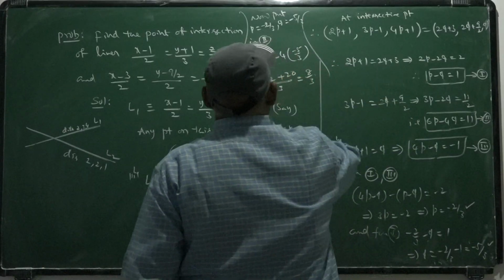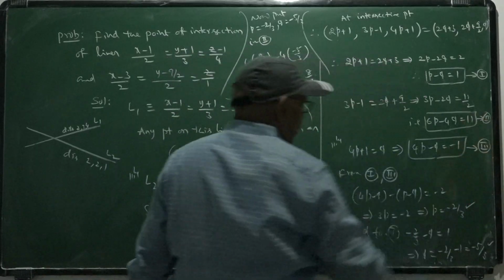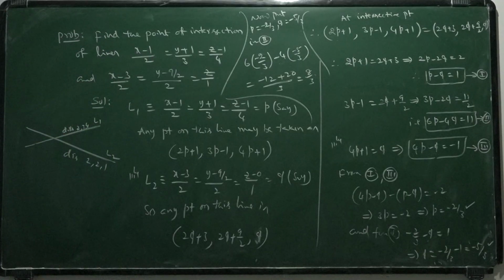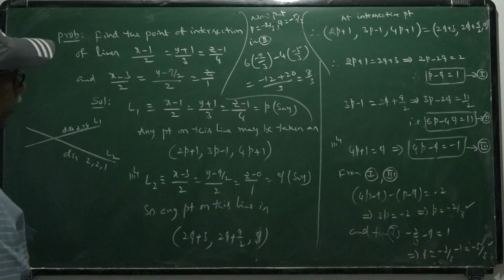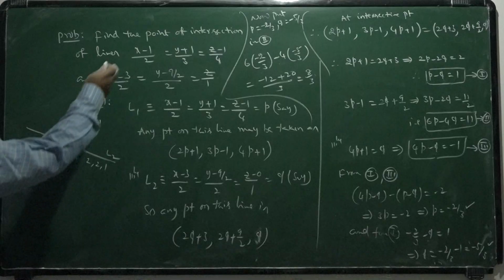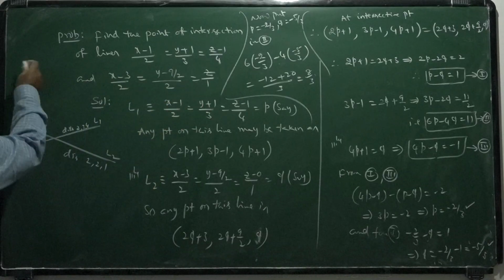Actually this is 8 by 3. Once it is 11, only then can you find such p and q. If you cannot find such p and q, the lines are not intersecting. They may be skew lines, of course. Non-parallel, non-intersecting lines are skew lines.